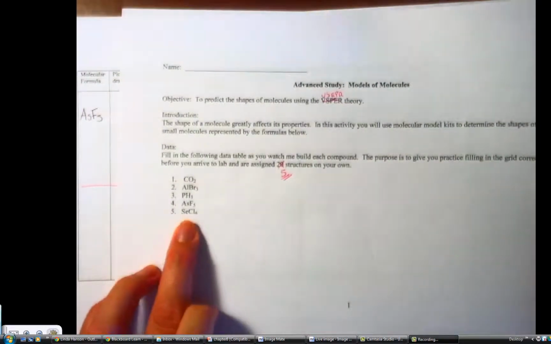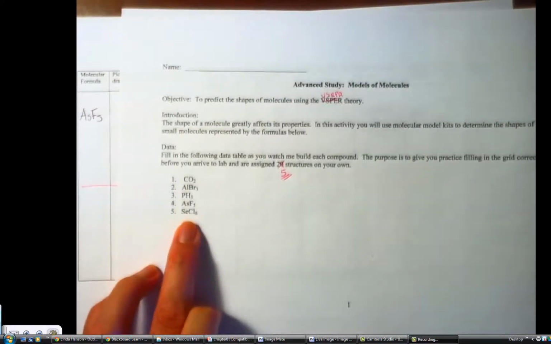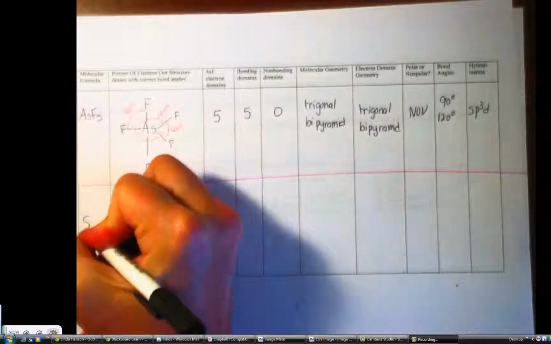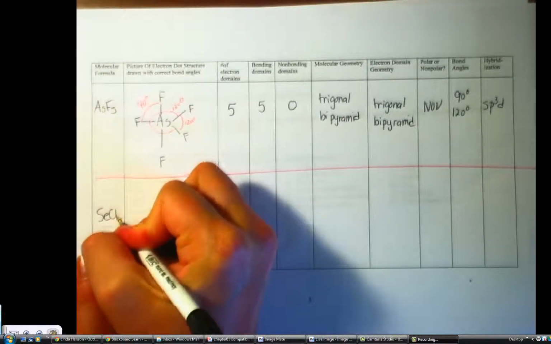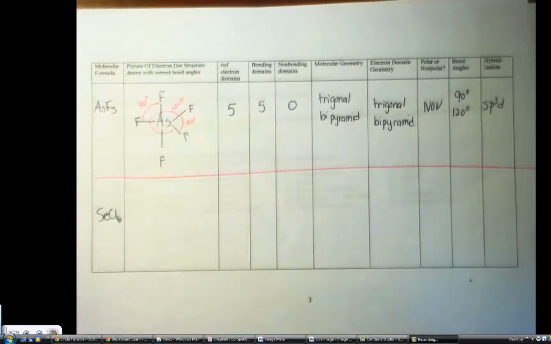And one last compound we're being asked to draw. SeCl6, selenium hexachloride, SeCl6. And again, I'm trying to select some from each part of the VSEPR chart. SeCl6. So some scrap paper. Let's figure this out.